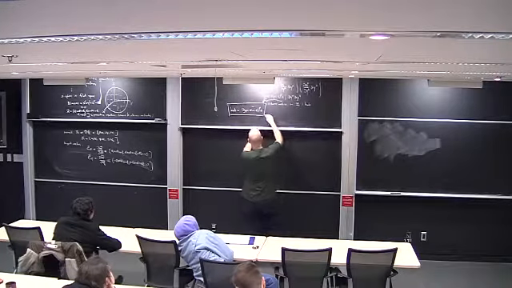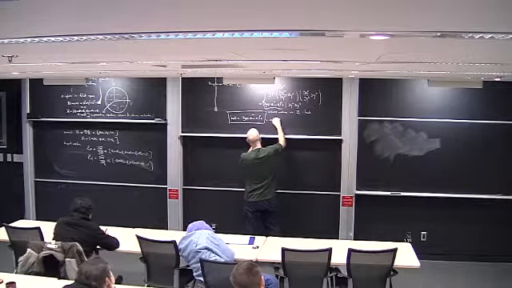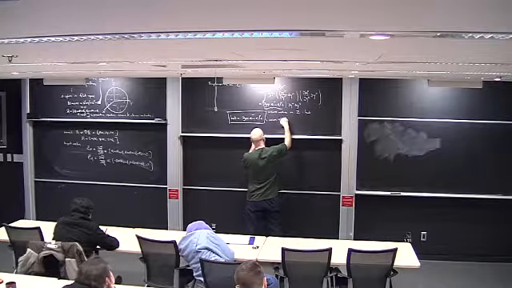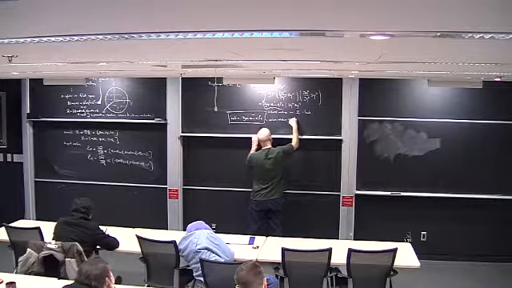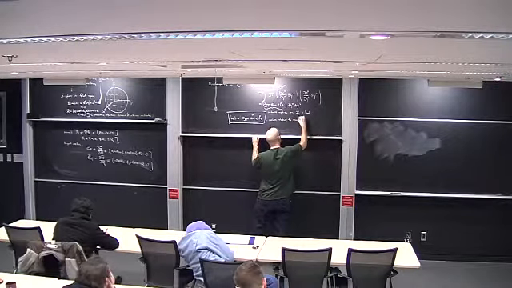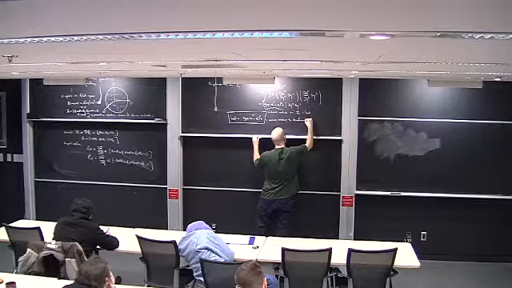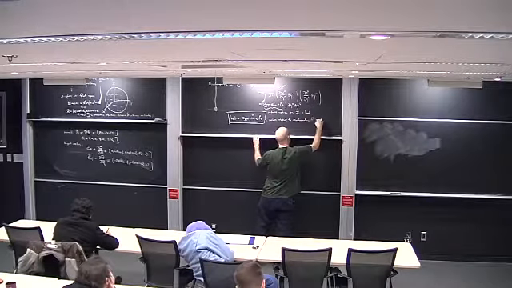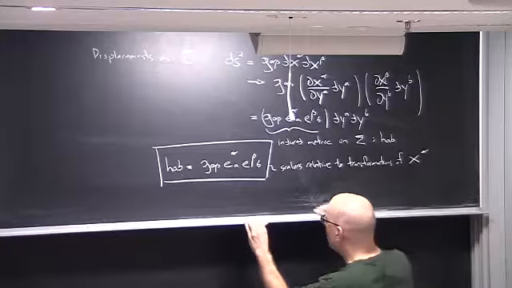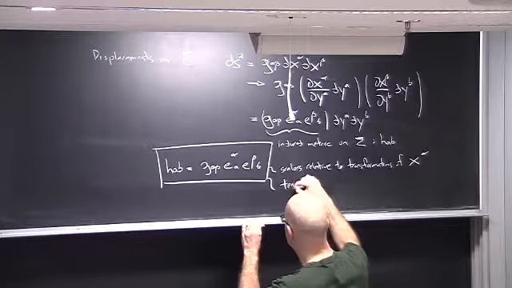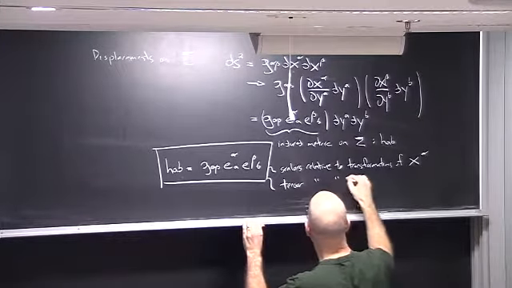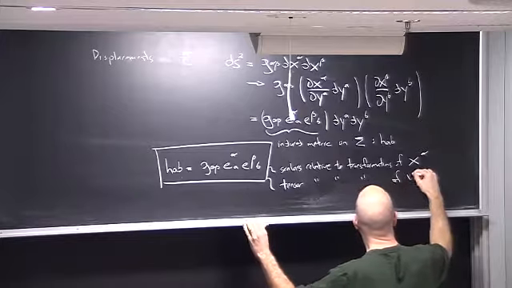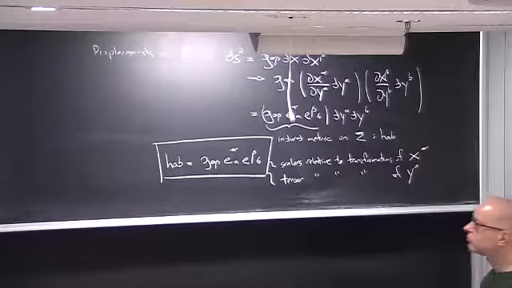So these are scalars relative to transformations of the space-time coordinates, but it's a tensor relative to transformations of the intrinsic coordinates.